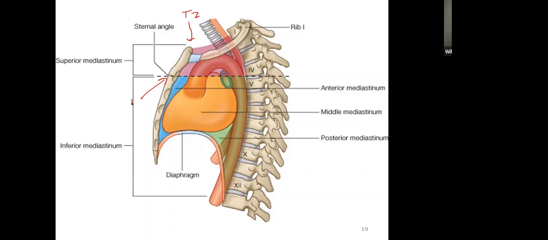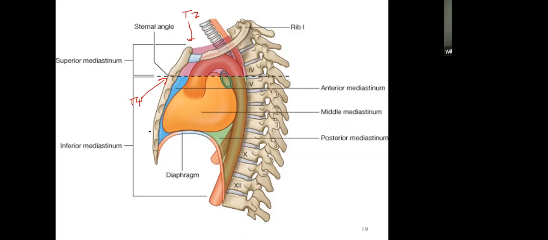At this point, T4 is your sternal angle, or your angle of Louis. So you feel down from your jugular notch, 3 fingers down to your sternal angle. All of this is the manubrium, and this corresponds to the level of T4. And so this would be the superior mediastinum. There's a lot of very, very important things going on here.